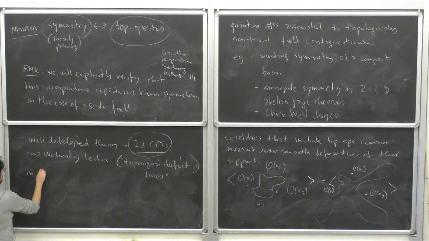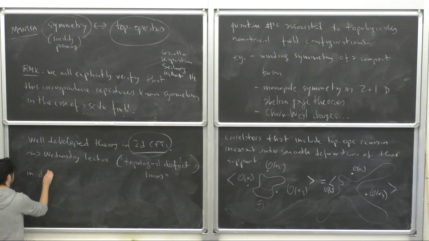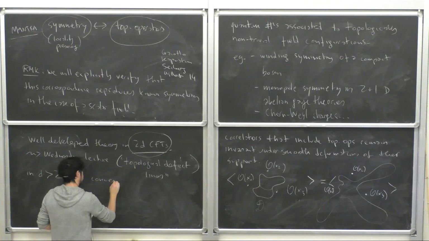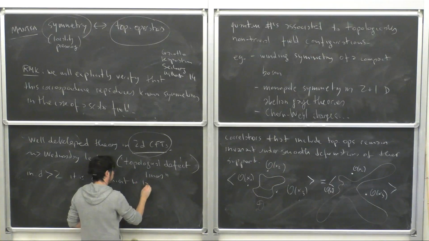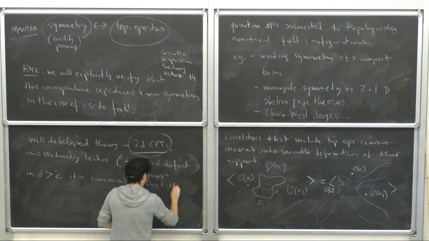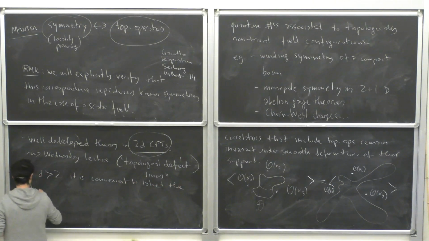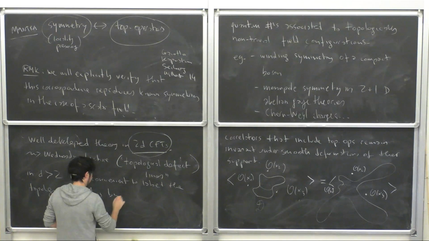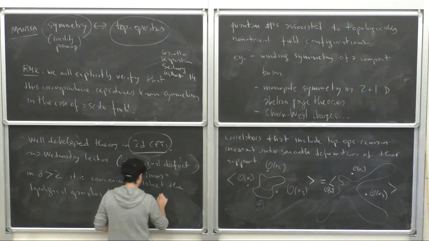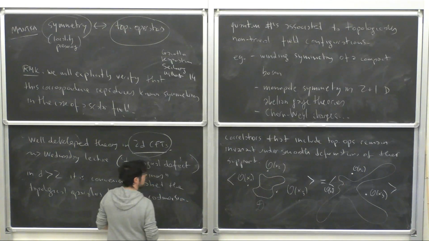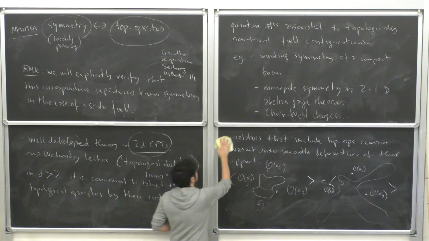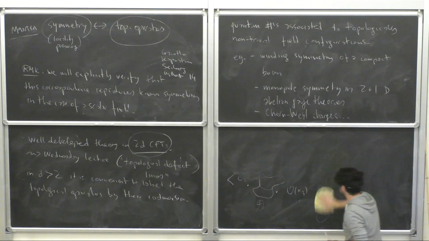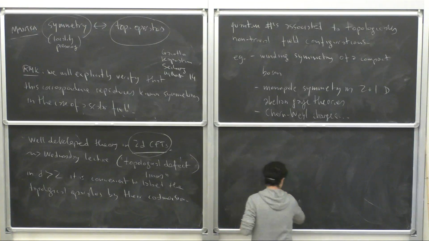So in D greater than 2, it is convenient to label the topological operators by their codimension. And so people would start speaking about p-form symmetries.